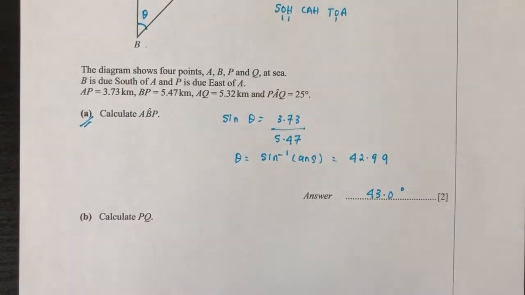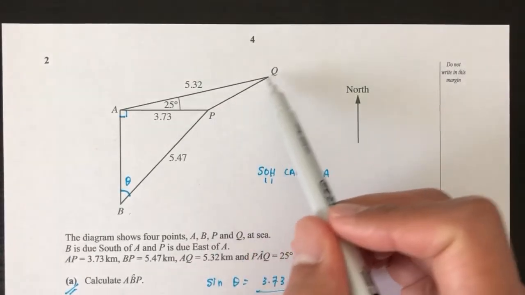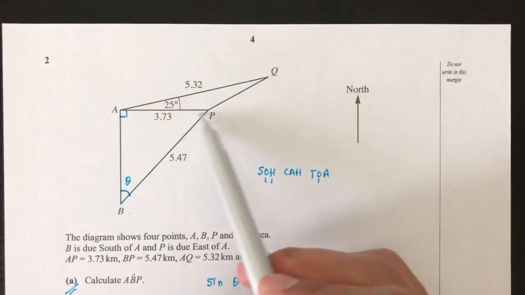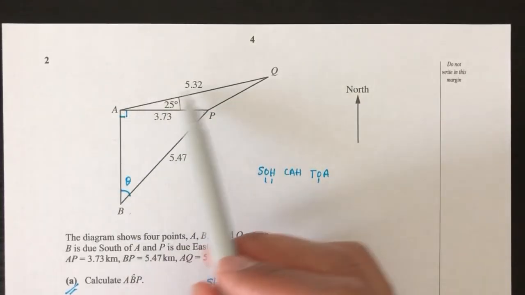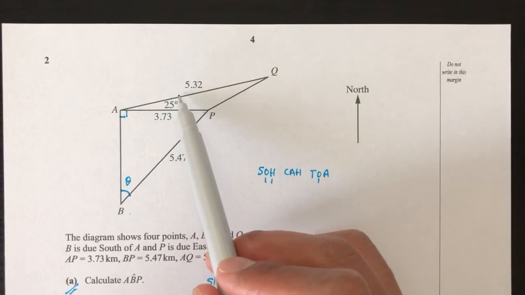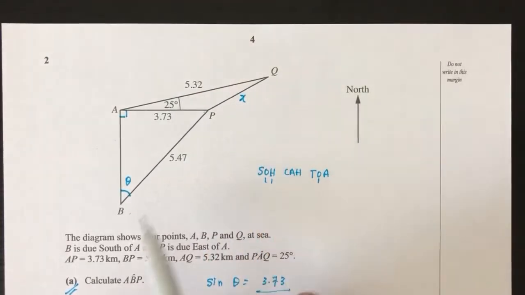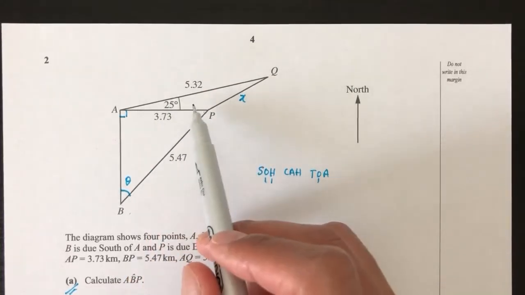Now part B, calculate PQ. So where is PQ? PQ is this side. So you observe that here we have triangle APQ, and we know this side, and the angle in between, and we have to find this side. Let's name it side x. So in this case, we can use the cosine rule.